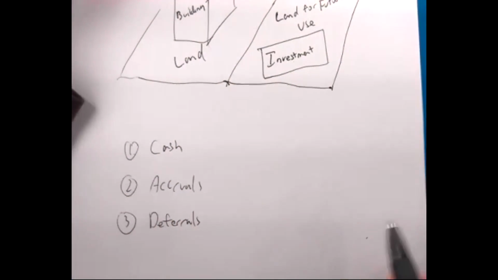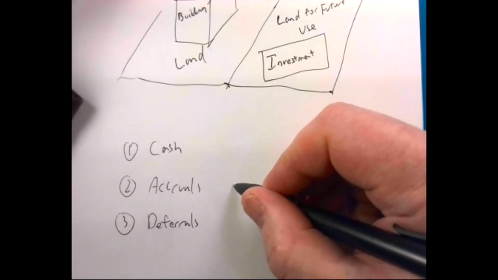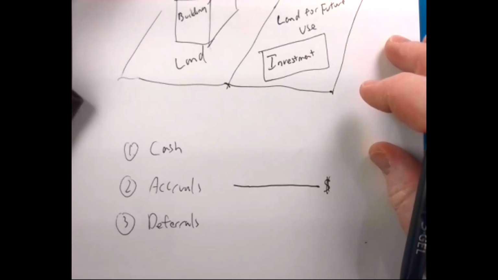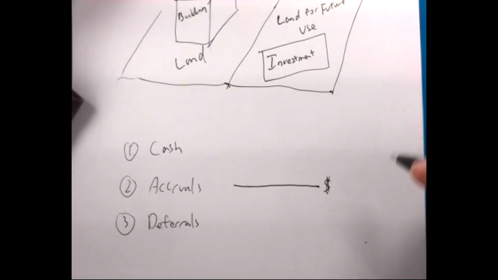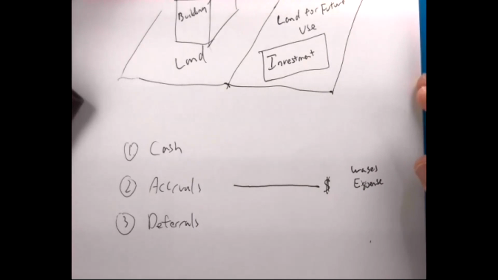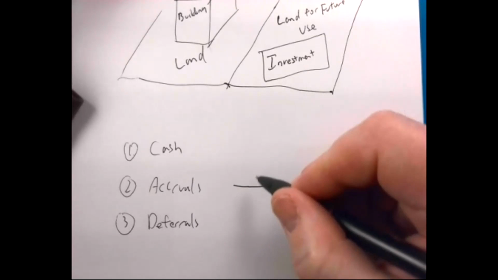Accruals are transactions that happen, but the cash hasn't been paid, like wages expense. If you have a wage expense, it can be called wages payable, or it could also be called accrued expenses or accrued wages. But the transaction has happened, and it hasn't been paid yet.